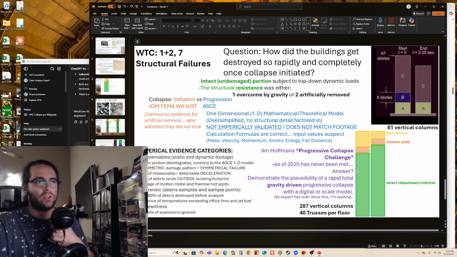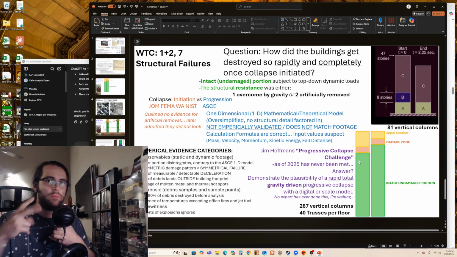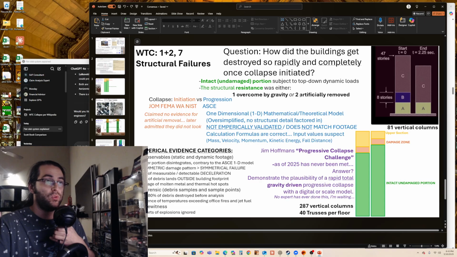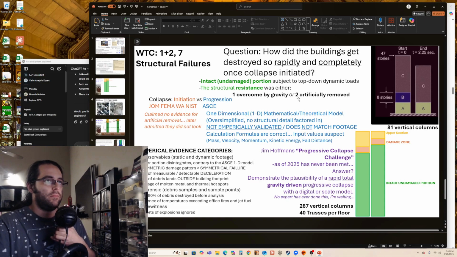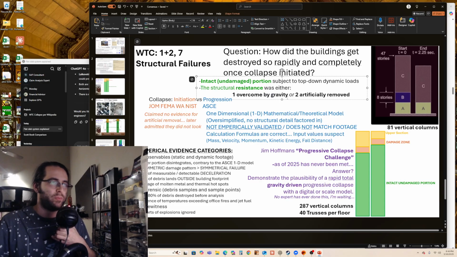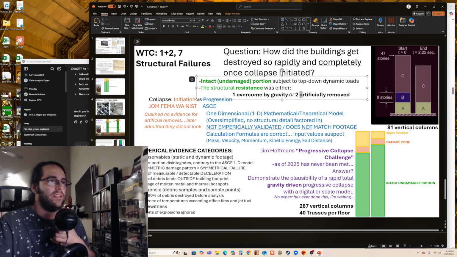It was either overcome by gravity, which is the official explanation, obviously, or the structural resistance was artificially removed, which is the controlled demolition conspiracy theory, tinfoil hat wearing people. But until we have a full explanation of this, there's certain dynamic characteristics of the collapse progression, the fact that it was rapid and that it was complete, leans or is a better alignment with the artificial removal.